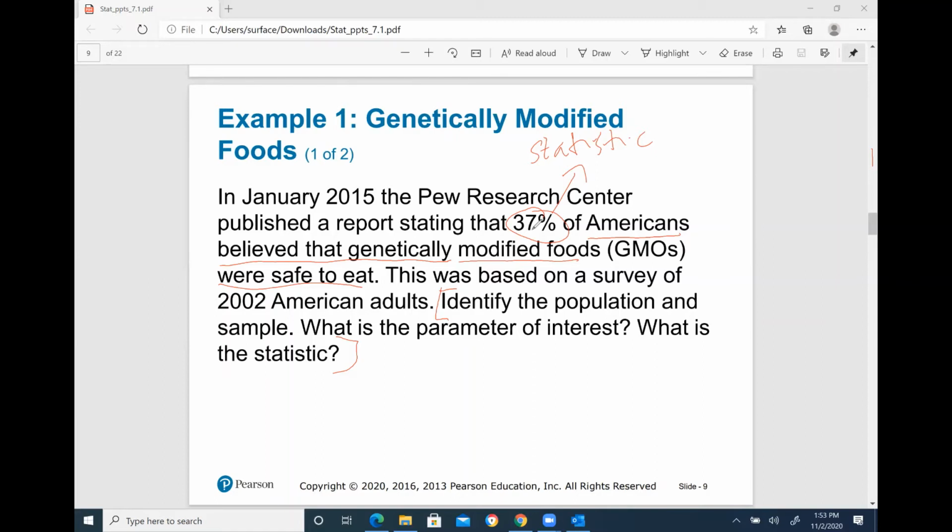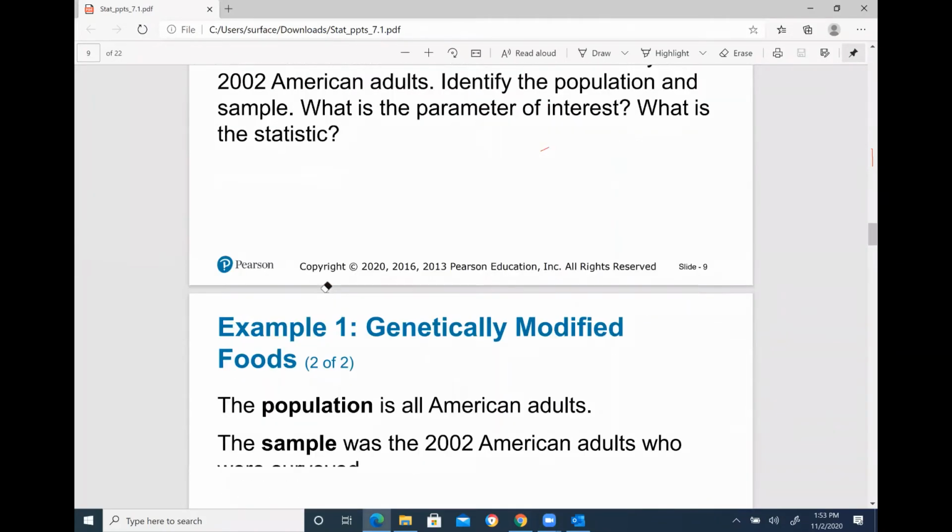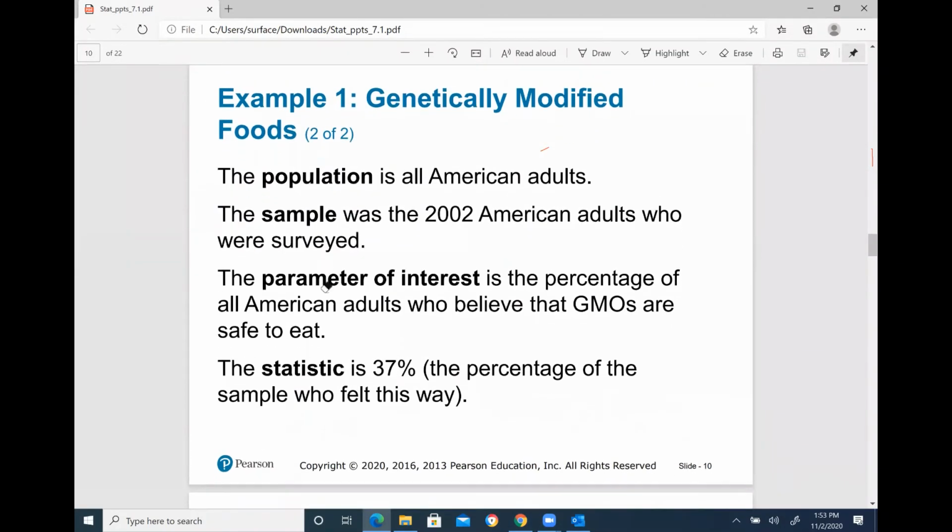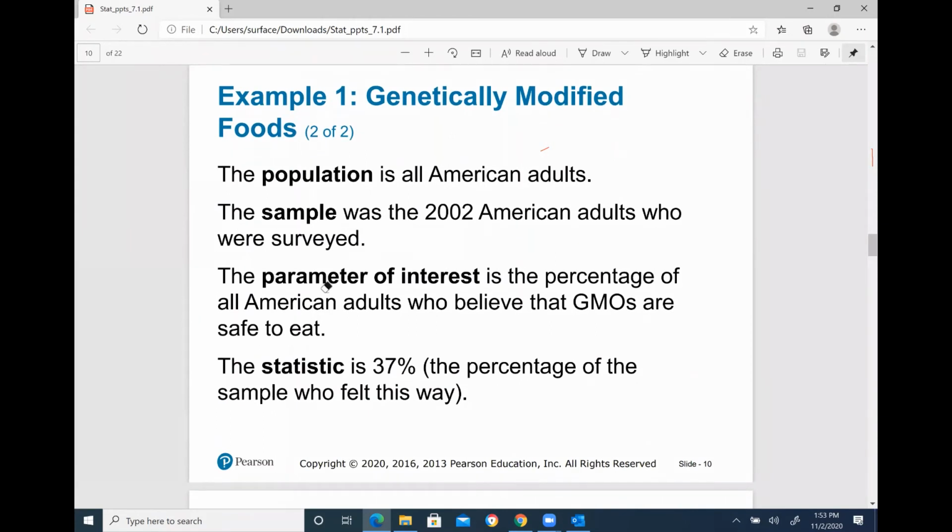So let's move on to the next slide. Right here is the solution. The population is all American adults. And the sample is the people who were surveyed. I'm sorry, I missed that part.